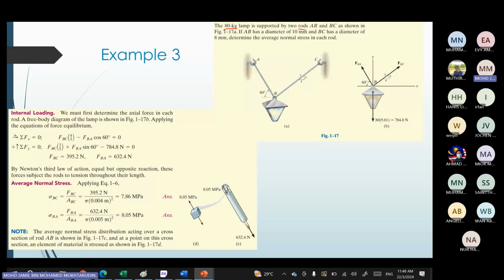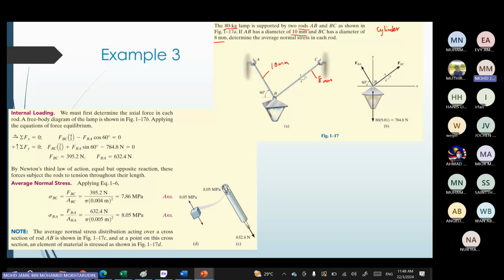Rods are cylinders, as shown in the figure. AB has diameter 10 millimeter, and BC is 8 millimeter. Determine the average stress in each rod.